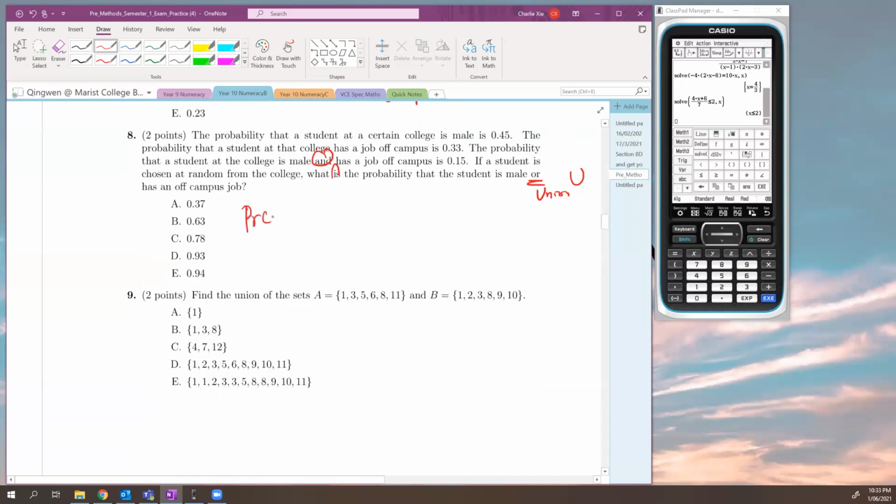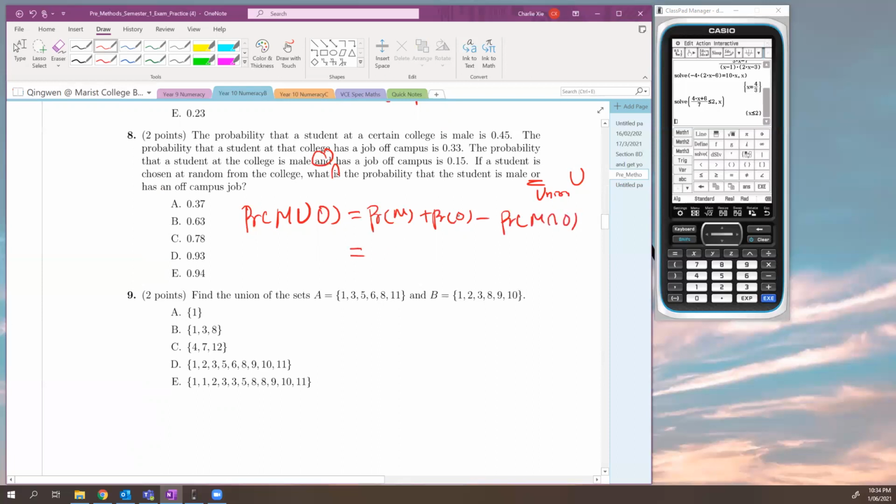Let's say male is M and off-campus job would be O. Actually, it's not and, we're looking at or. So that's going to be the probability of the first one, M, plus the probability of the second one, O, minus the probability of M intersect O.